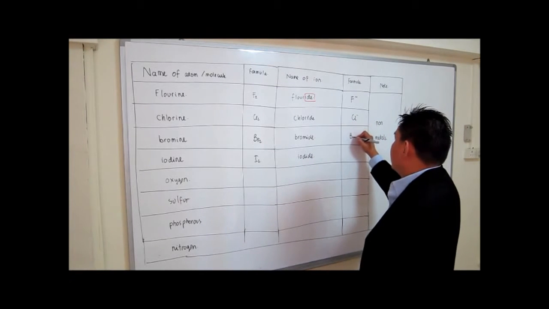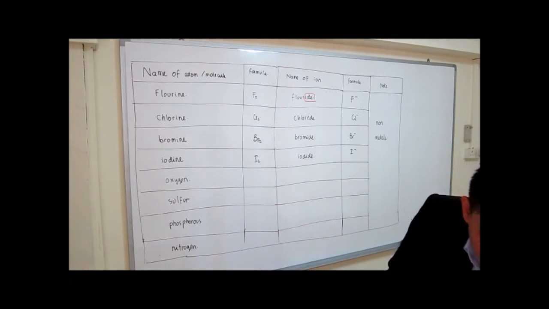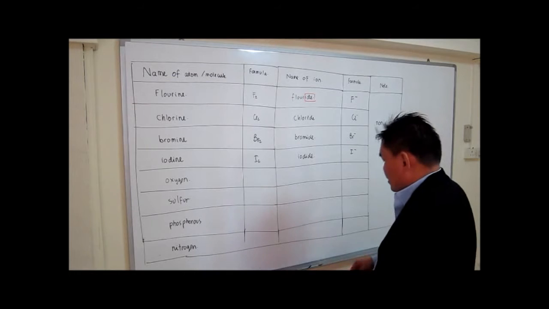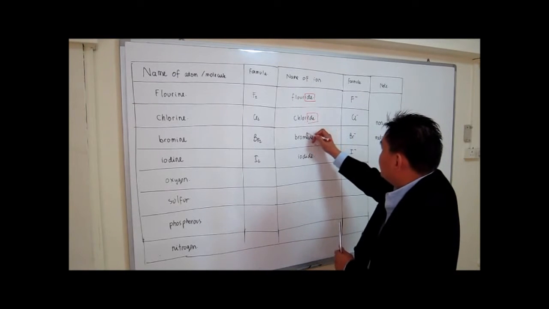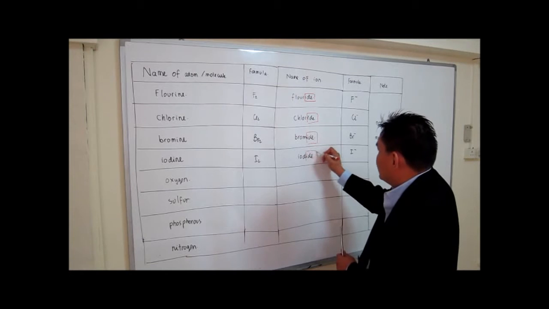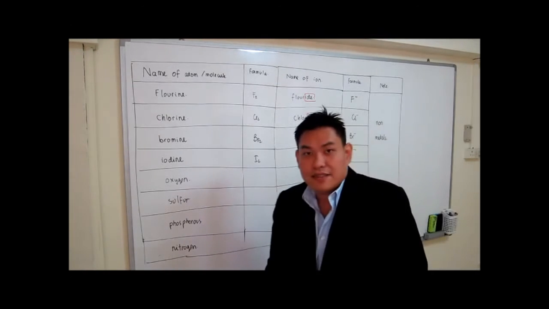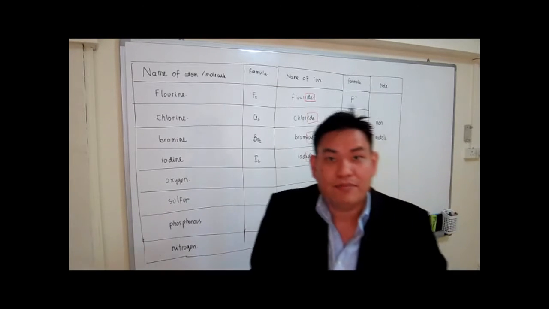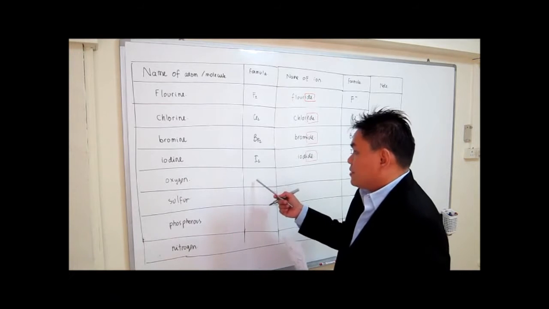Cl minus, Br minus, I minus. Notice that the name ends with IDE. It is not only applicable to group 7, group 6 also.